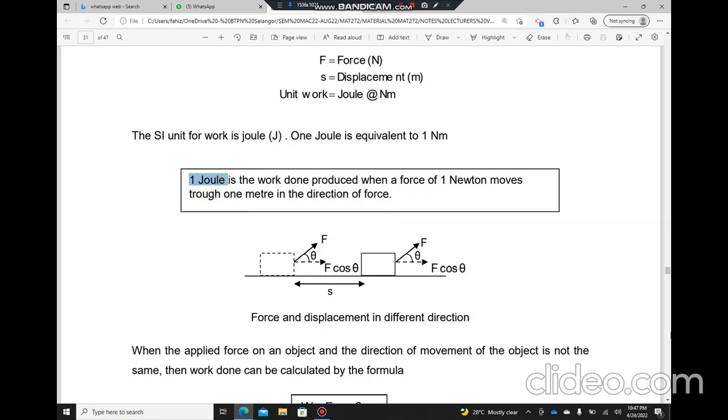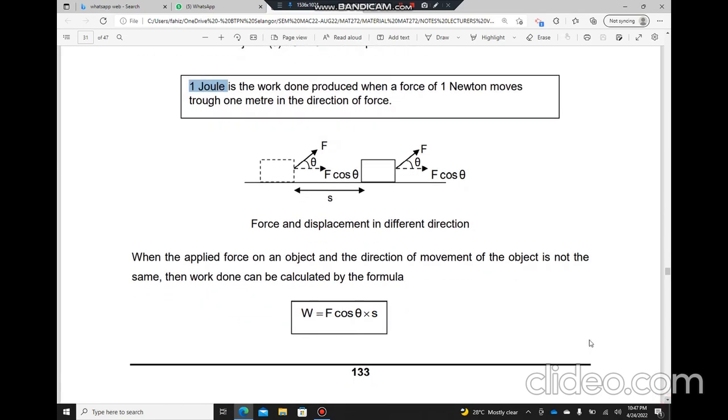Another one is force and displacement in different direction. In different direction maknanya dia tak selari dengan satah horizontal. So for example this one, F dia kalau kita tengok dekat sini, F dia ke atas macam ni. Then dia ada theta, dia ada sudut.